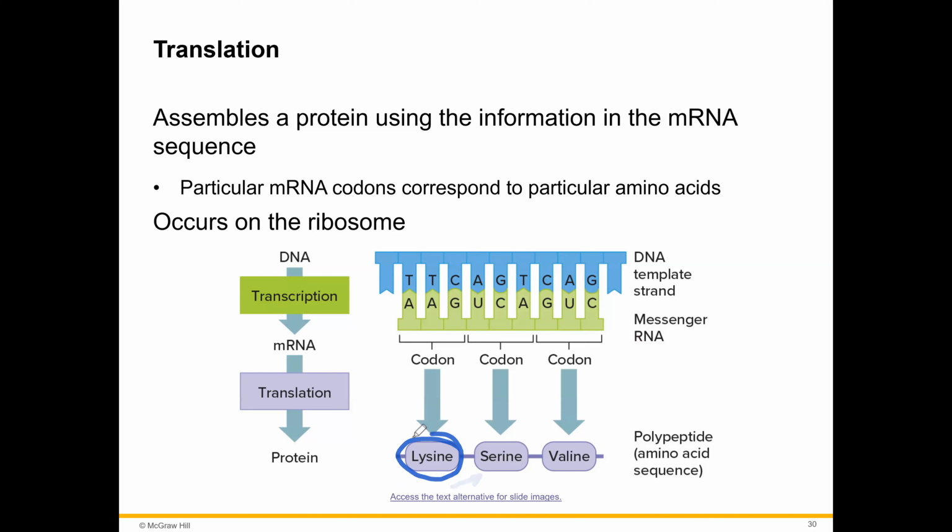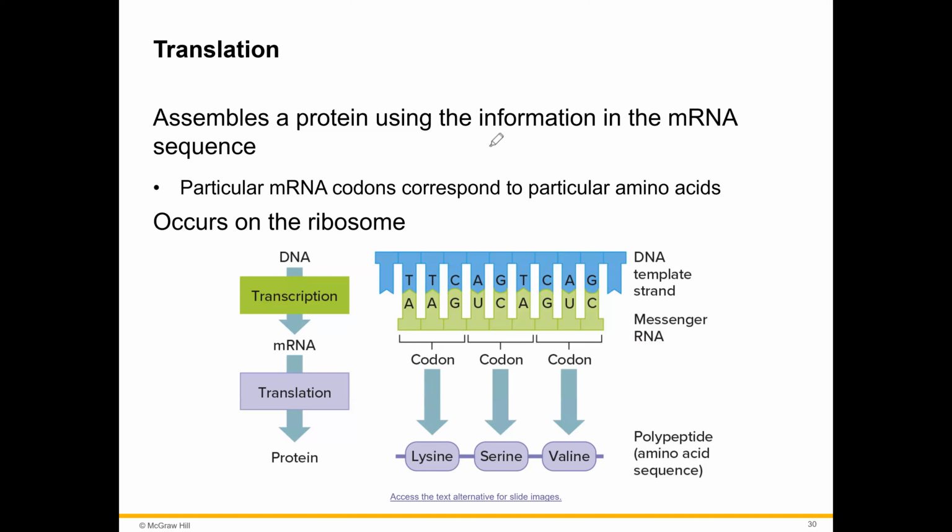The process of linking amino acids together: here are our amino acids, lysine, serine, valine. Translation is when we translate information from messenger RNA into specific amino acids. Translation assembles a protein using the information in the messenger RNA sequence.